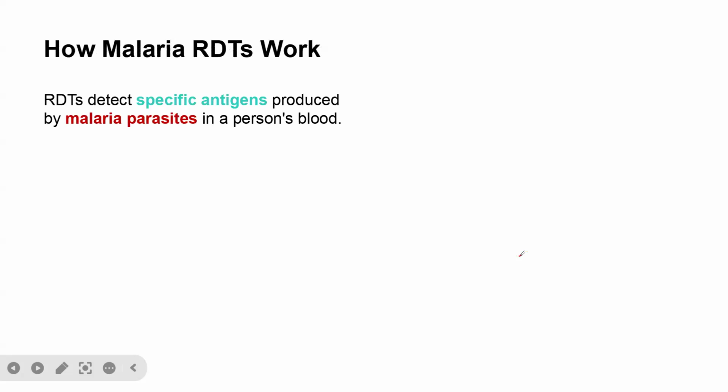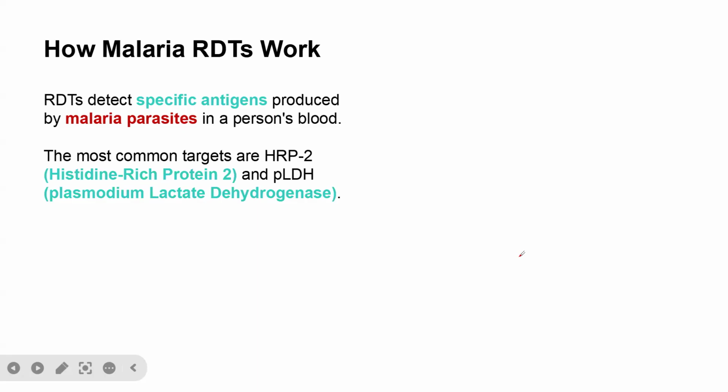So how does the malaria RDT work? RDTs detect specific antigens produced by the malaria parasite in a person's blood. There are some antigens or proteins that are produced by these malaria parasites during infections. So it is the specific antigens produced by the malaria parasite that are detected.